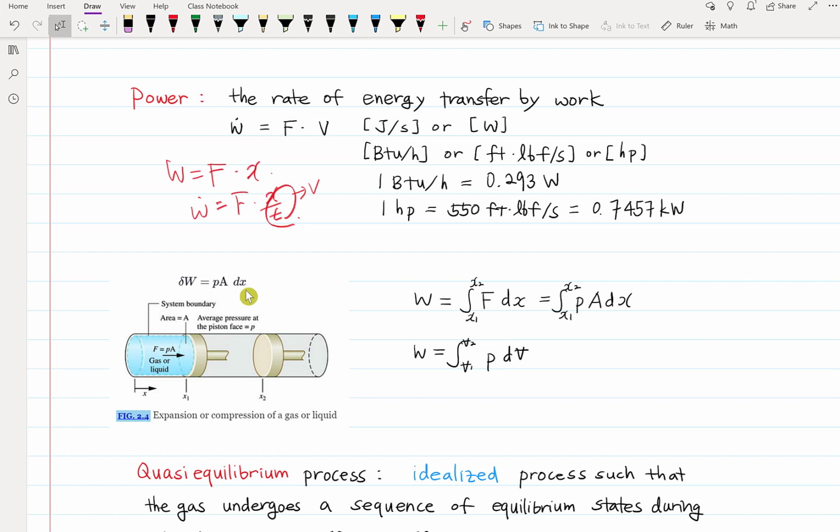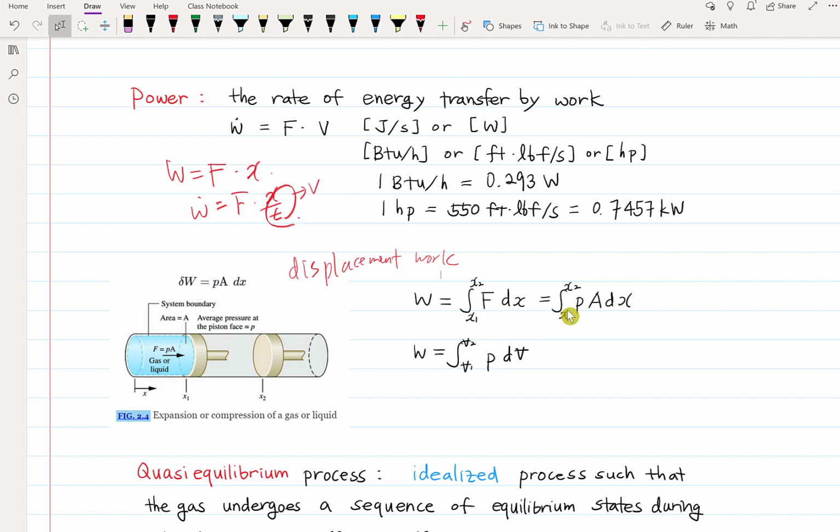So it is called displacement work. The work is the force normal to the piston times dx, the distance the piston moved in the direction of the force. So work W is force F times dx, integrated from position x1 to x2.